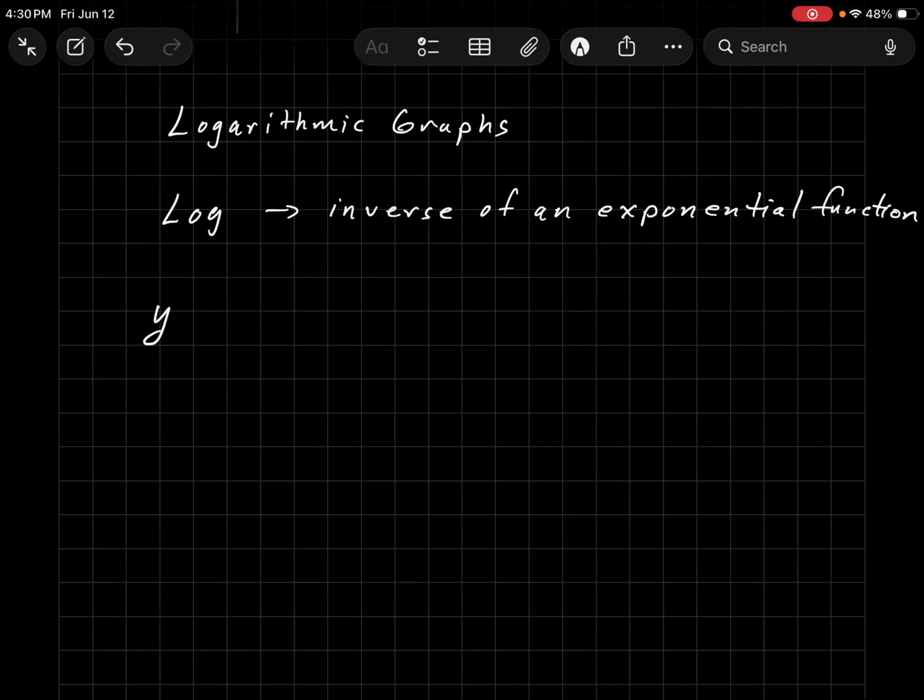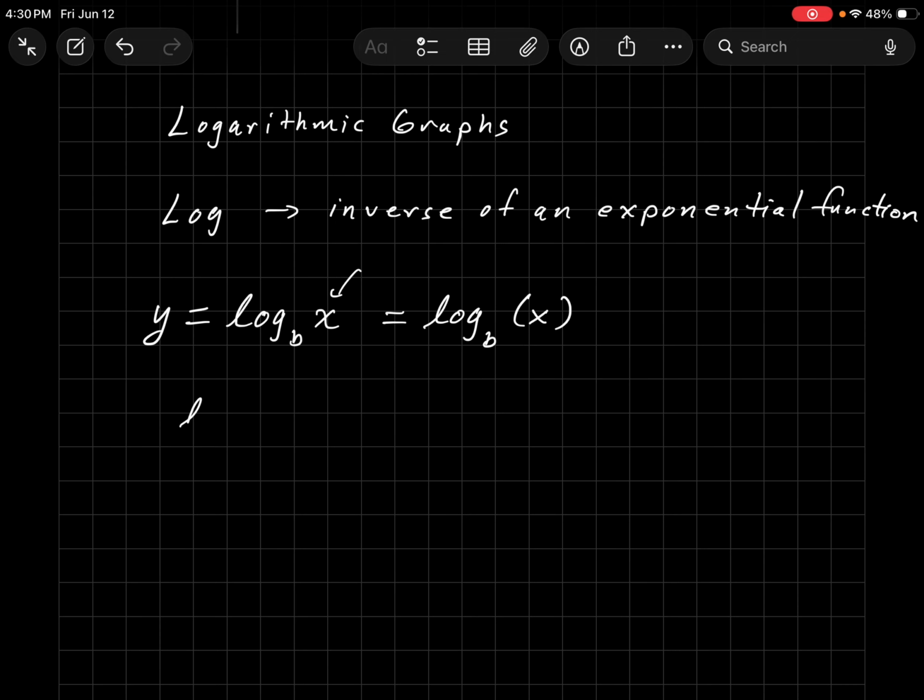And a log function is often written like this: y equals log base b of x. We often don't put parentheses here in mathematics, but you need to know that there are implied parentheses right there.